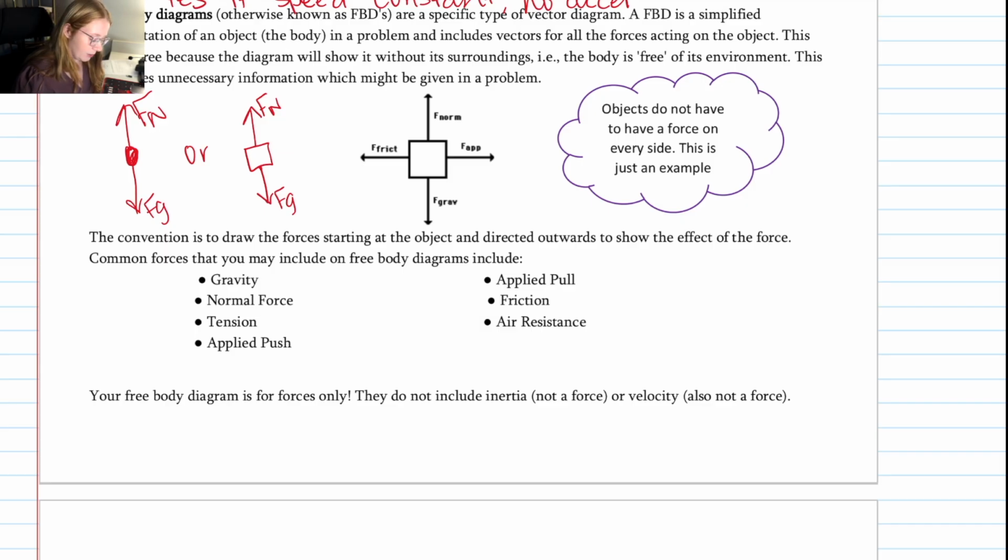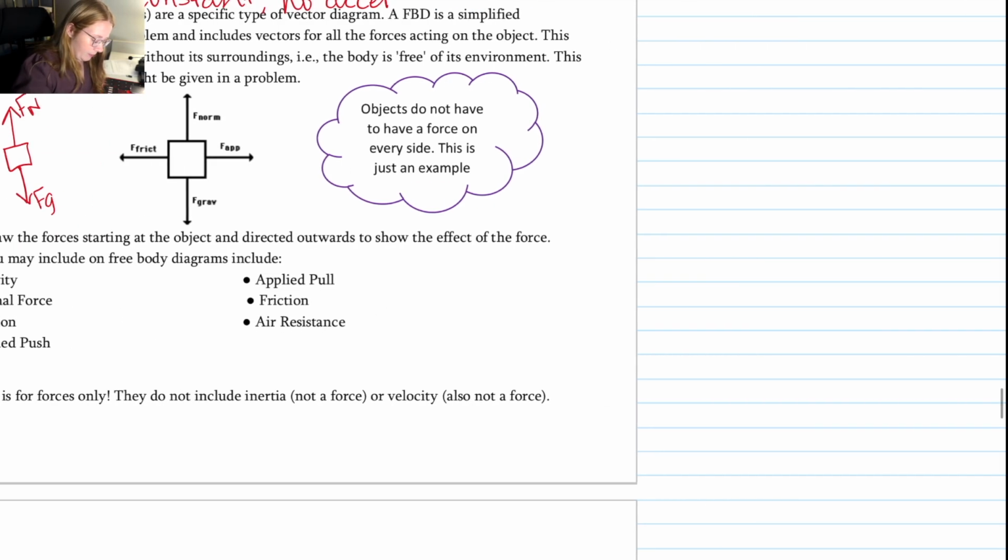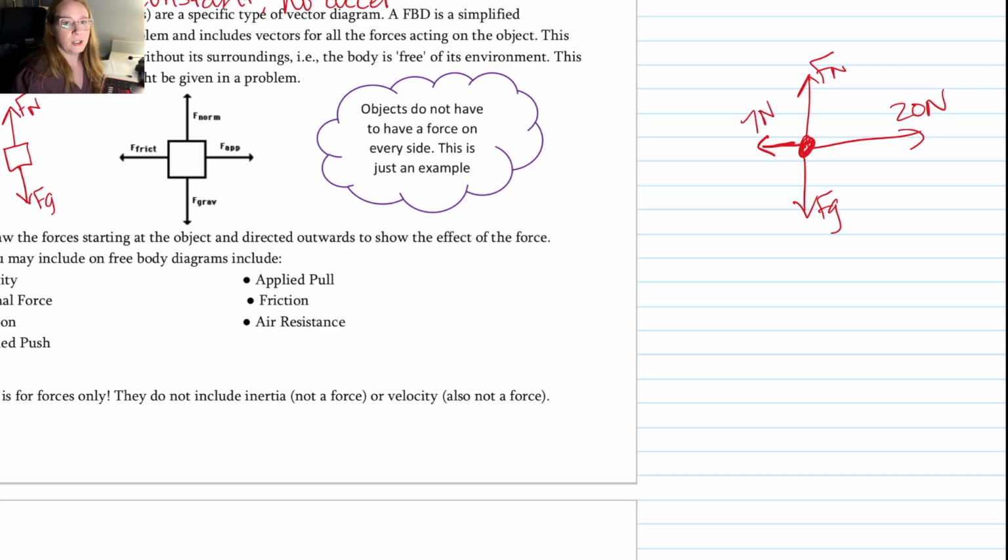So let's just say I was pushing a box with 20 newtons to the right. And then there was a force of friction that was about, I don't know, 7 newtons. You would need to make sure that those arrow sizes are relative to the magnitude. So I made my 20 newton pushing force much greater than my 7 newton friction force. So you want to represent the size.